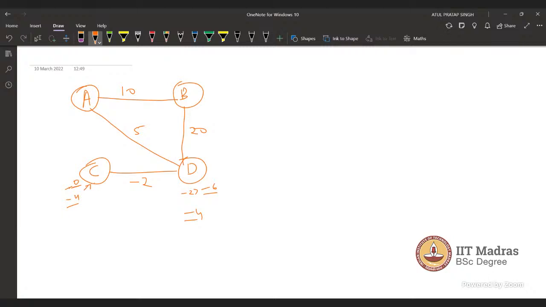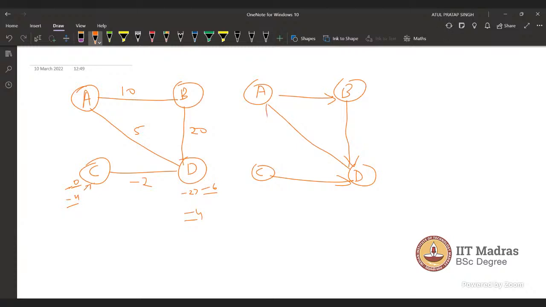And for the directed graph, for example, if we have a directed graph A, B, C, D, with directed edges like this, and weights for example 20, -10, 5, 3 and 6.